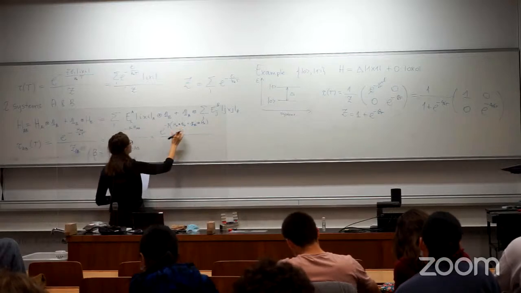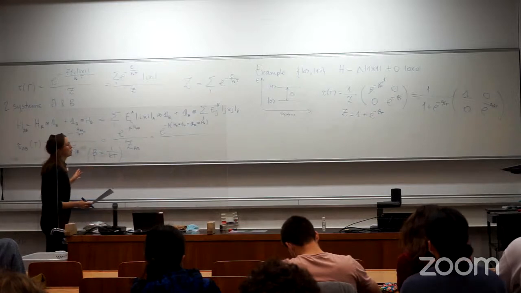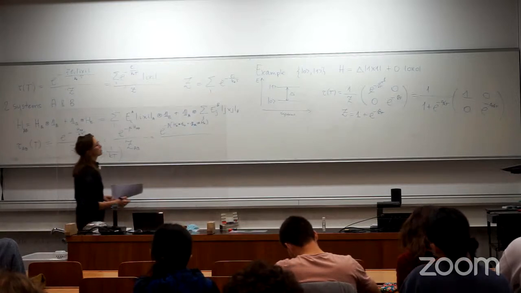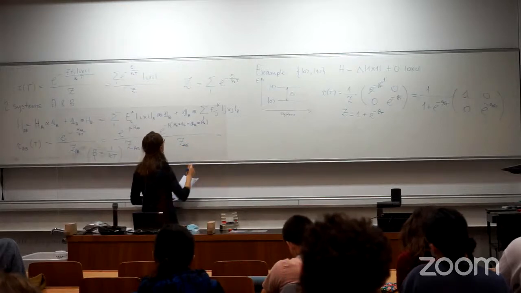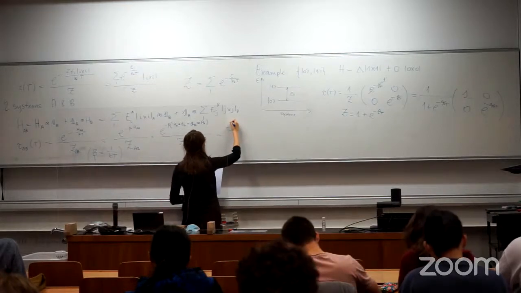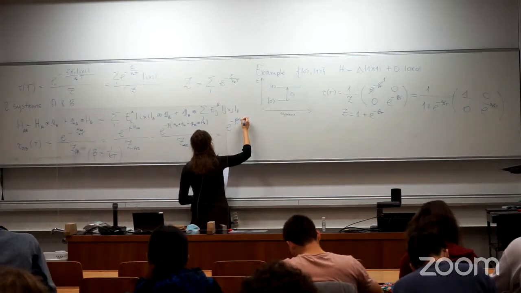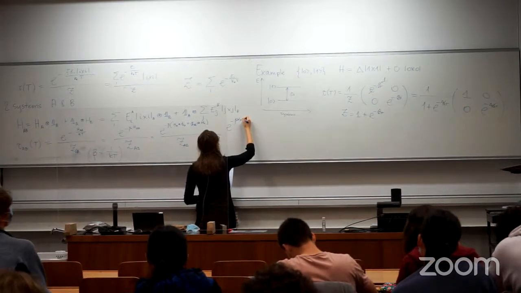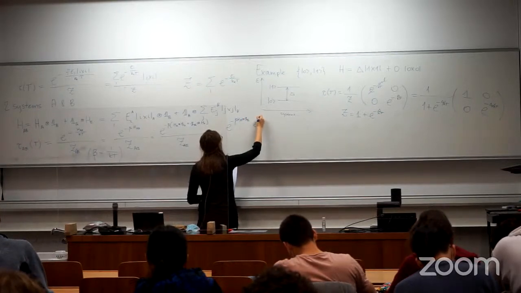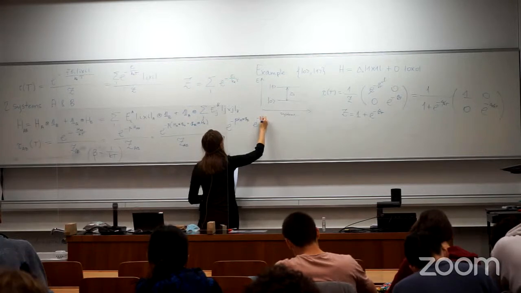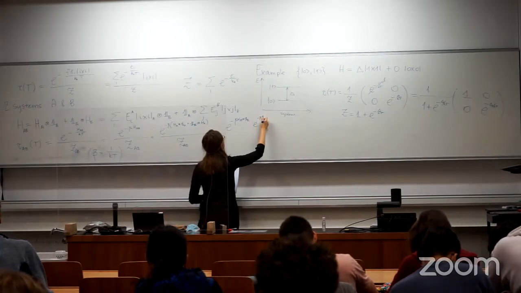So according to one of the properties that I listed earlier, we can just separate this exponential into a product of two exponentials: e to the power minus beta HA tensor identity on B, times identity on A tensor product e to the power minus beta HB.